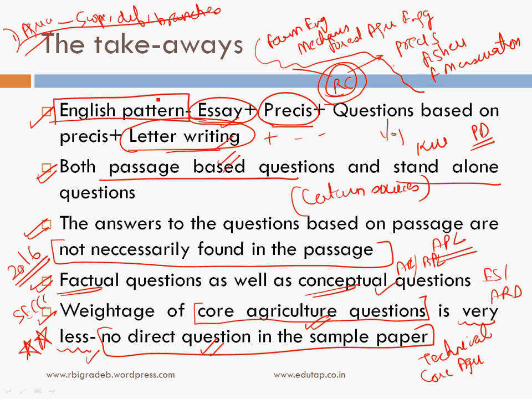Because the cost benefit analysis is not favorable if you start with the core agriculture topics and then you are left with no time to prepare the important sources like the state of forest report, like Yojana, like Kurukshetra. Those are the sources which are highly relevant and the most important as far as the NABARD paper is concerned, especially phase 2, ESI+ARD. Right, so I'll be talking in detail about these points in the further videos as well. These are the key takeaways.